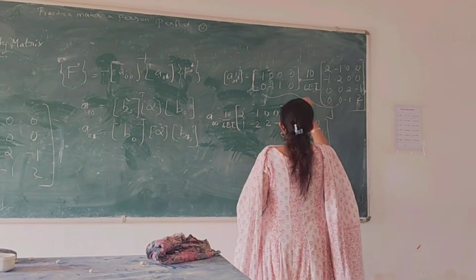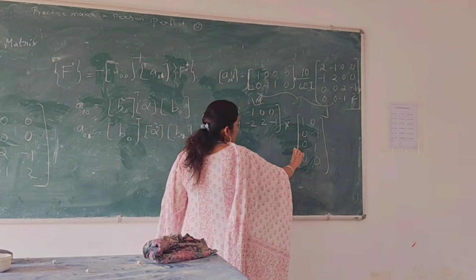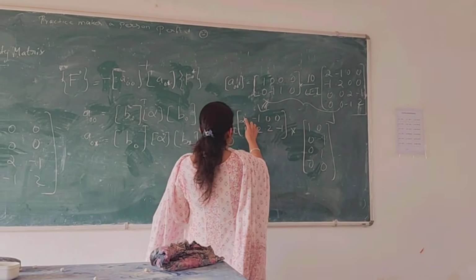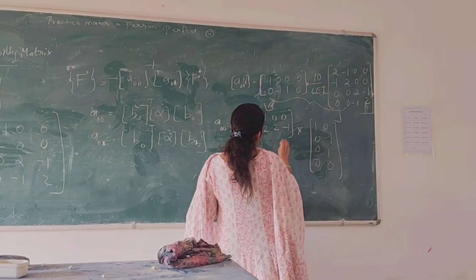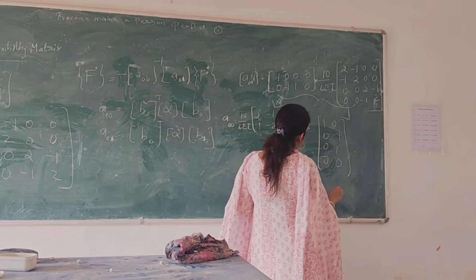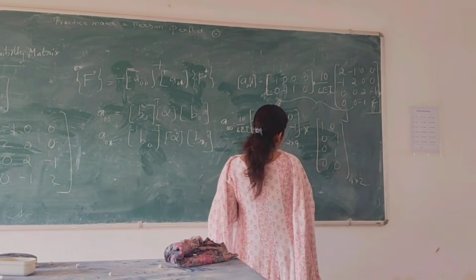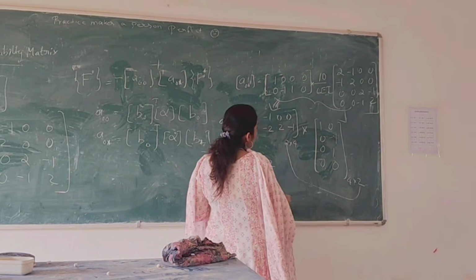Now you have to multiply this matrix into this matrix. So you're going to end up with how many rows are here? 2 rows, right? 2 rows and 4 columns. And this is 4 rows and 2 columns. So you're going to end up with a 2 by 2 matrix here, right? 2 by 2 matrix. Okay.